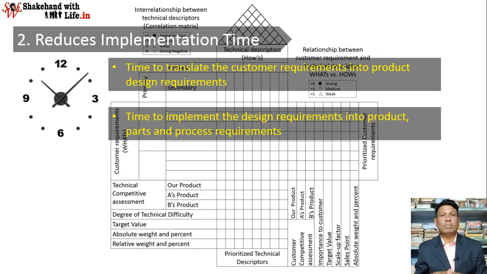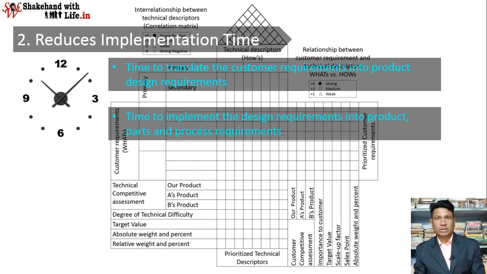QFD reduces implementation time. So what type of time am I talking about? Time to translate the customer requirements into product design requirements, and then time to implement the design requirements into product parts and process requirements.